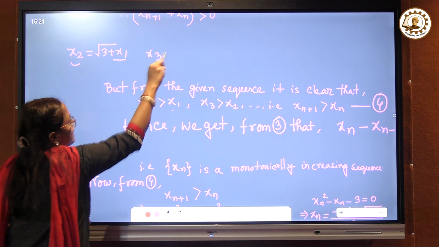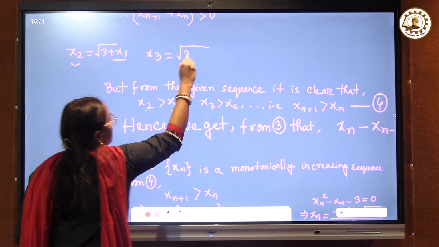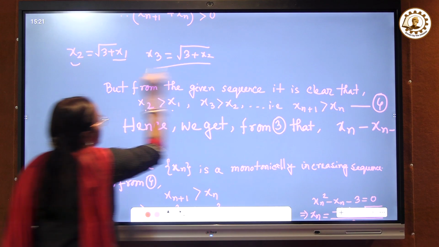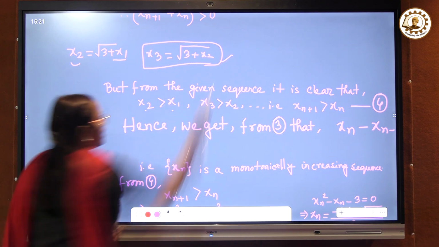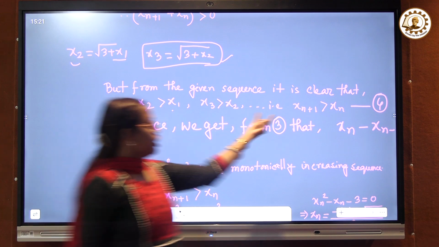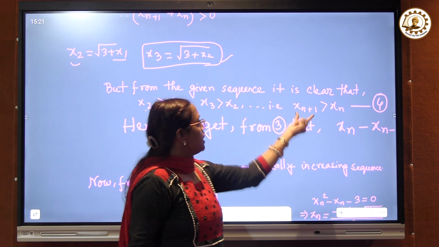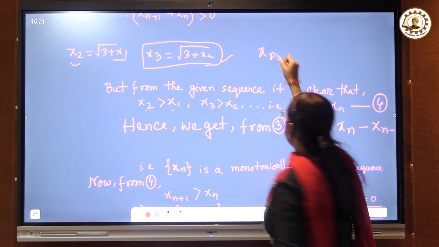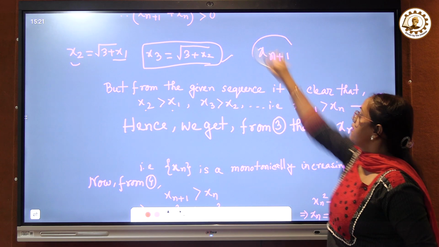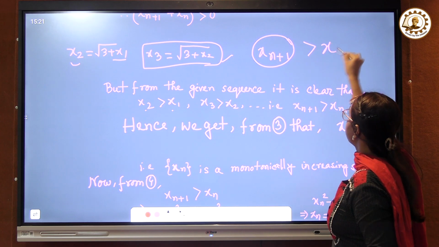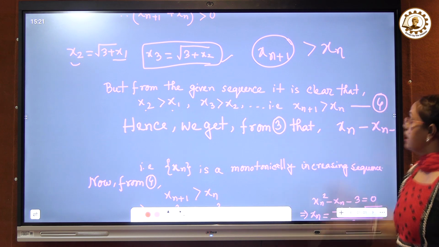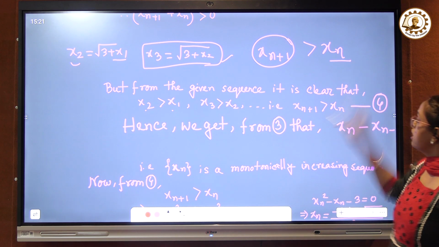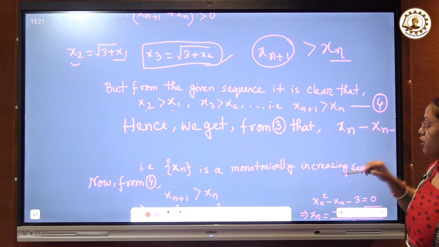Again, x3 is root over 3 plus x2, so x3 must be greater than x2. And going in this manner, we can write the n plus 1th term of the sequence, xn plus 1, is greater than its nth term xn. We get the relation 4.